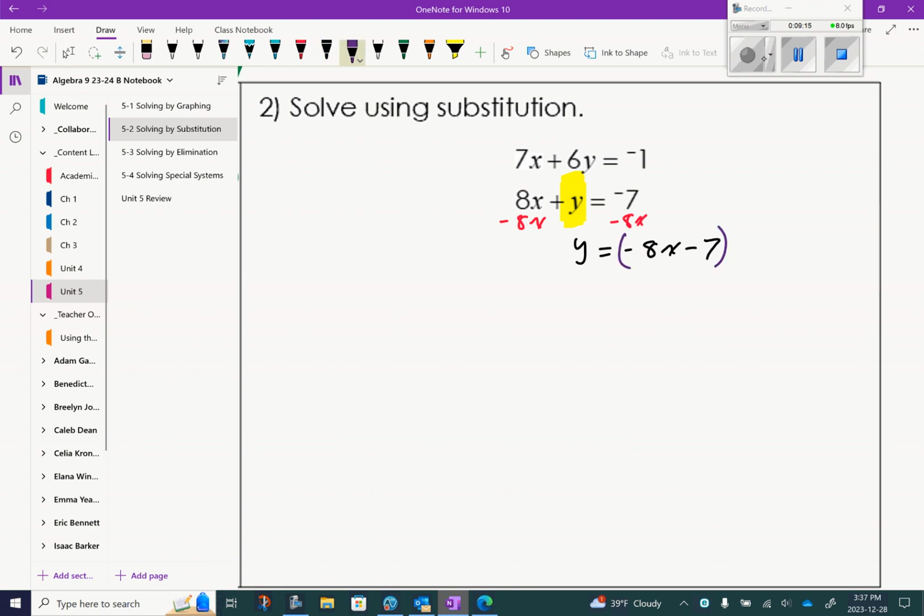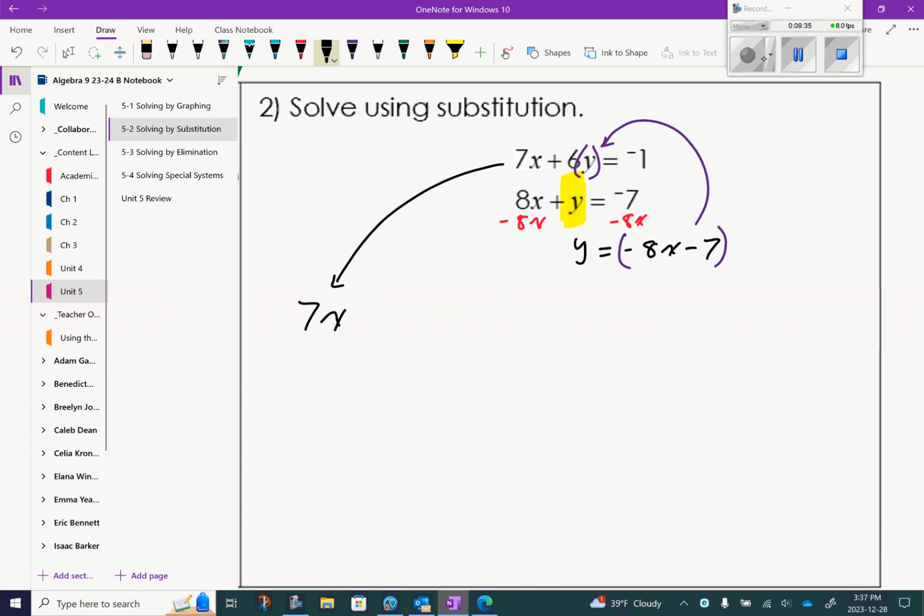And now I'm going to take this expression, negative 8x minus 7, and substitute it into that first equation in place of the y, because it tells me this is what y is equal to. I'm going to take the y out and substitute that in its place.